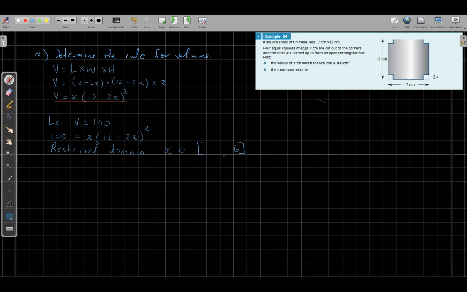I just have a flat sheet. So 0 would be the lower end of your domain. If you didn't cut any corners out, you wouldn't have any box, you'd have a flat sheet. If you cut 6, you'd be cutting 4 smaller flat sheets and you still wouldn't have a box. Does that make sense? So you'd be going from values of 0 up to 6. That would be your domain.